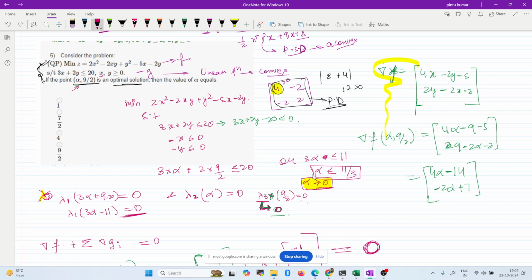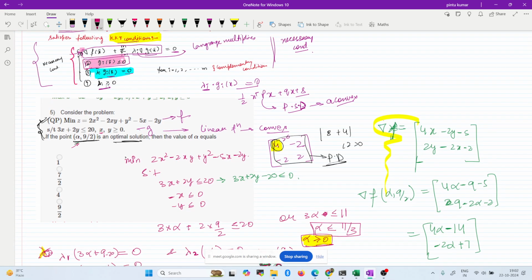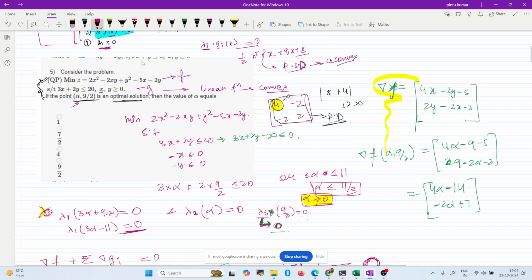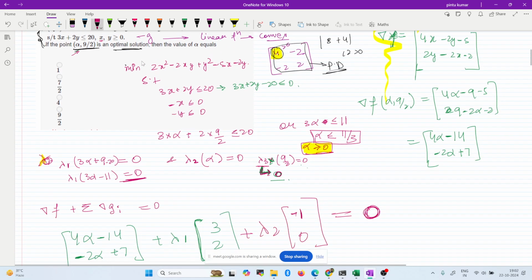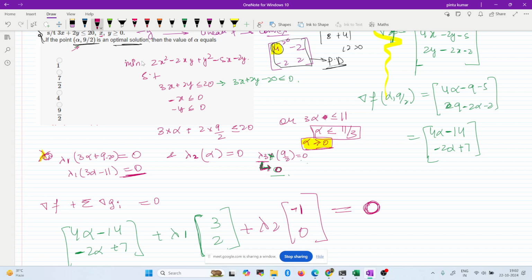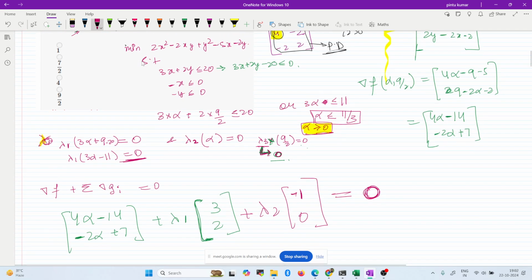Other conditions that we have are that lambda i should be greater than or equal to 0, the product should be equal to 0, and these constraints should be satisfied. So let's see what can happen.